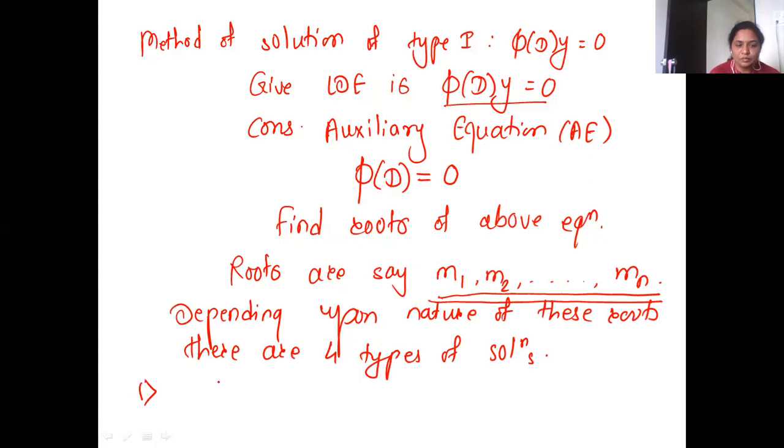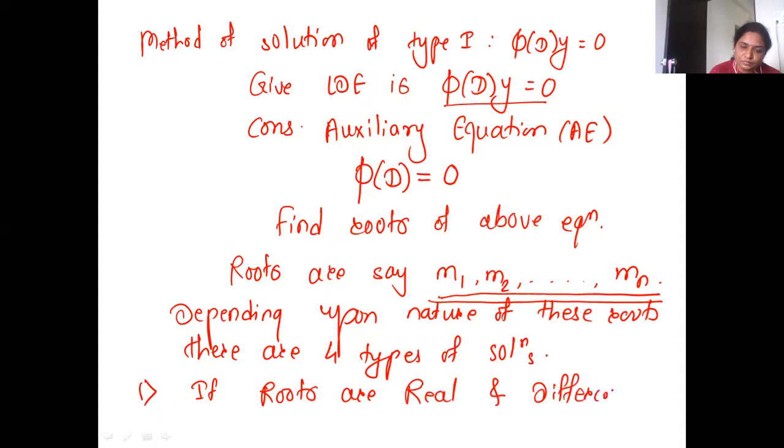The first type is if the roots are real and different. Whatever roots we got, real and different. What do you mean by real? Different, everyone knows, means different from each other. So what is real?